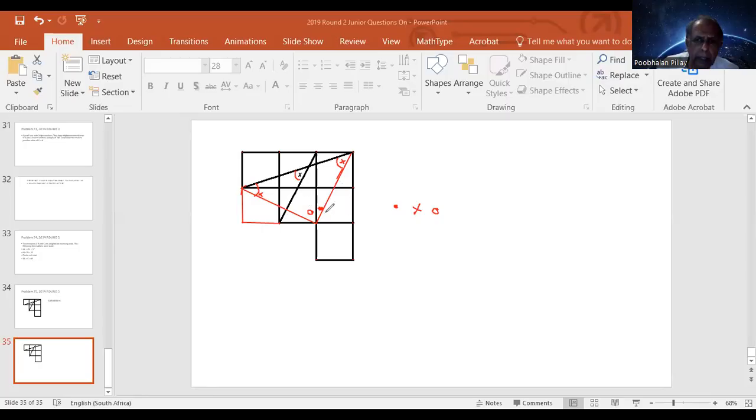Now, if you look carefully, you will see that this dot here is the same as that dot. Now you'll ask me, how do you know that? Why are these two dots the same?